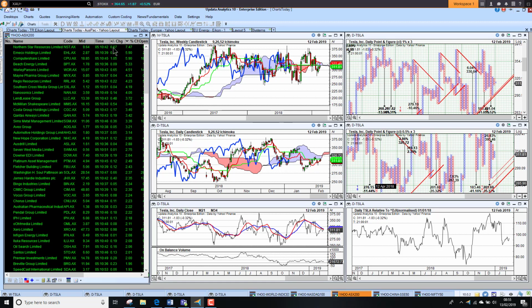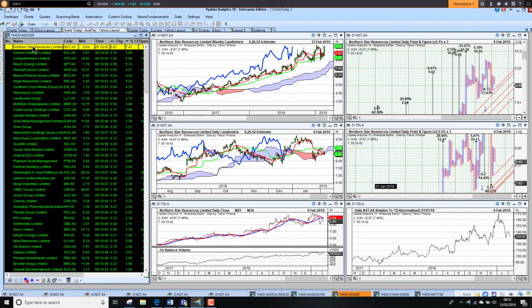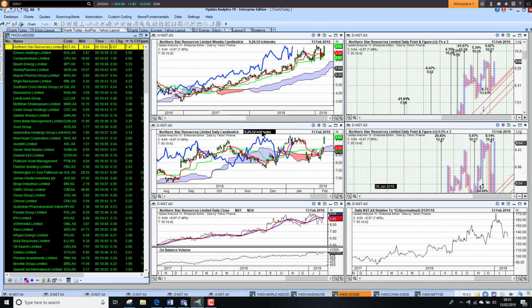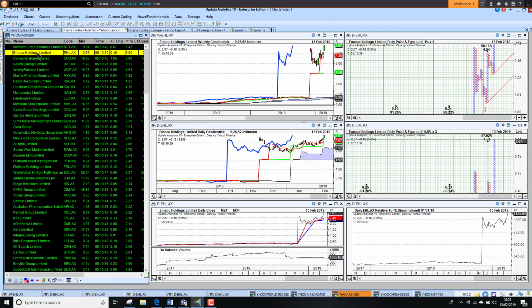Looking at the Aussie market, just looking at the leaders, we've got Northern Star Resources up 7.5%. Just nudging new highs, lots of upside targets, so that's a good looking stock this morning. Emeco also a big jump in November and just holding on to that, so that's also looking pretty good.